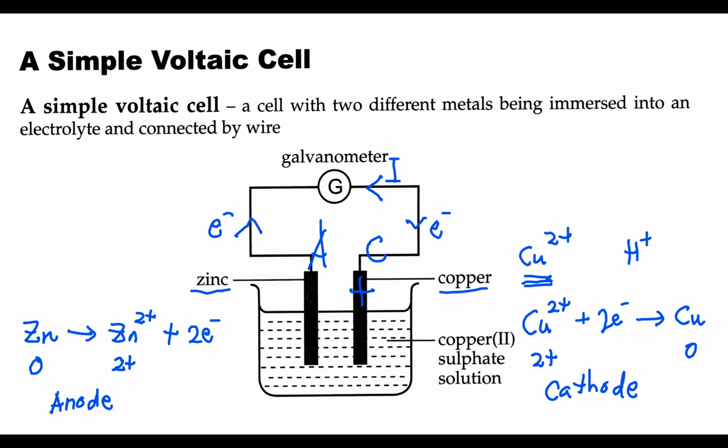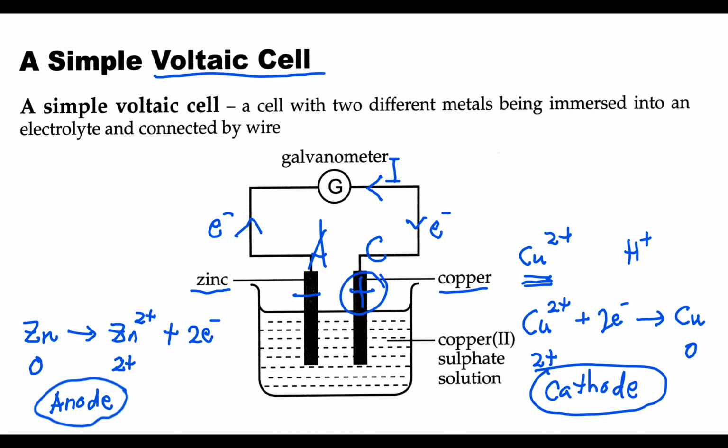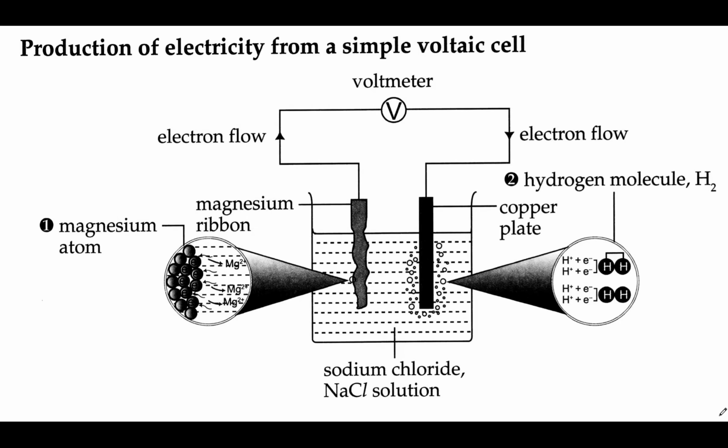Hence, this is the positive terminal, this is the negative terminal. Notice now the polarities are reversed compared to the electrolytic cell. In the voltaic cell, the cathode is positive, whereas the anode is negative. This is opposite to the electrolytic cell.